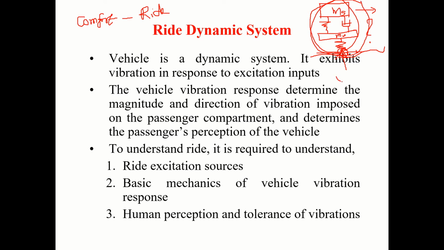Then we will solve this excitation equation, that is the excitation model, with the vehicle model. Then we will get the response model. From the response model, we can interpret how exactly the system is behaving and how a human perceives the whole thing. That's what we are going to do.